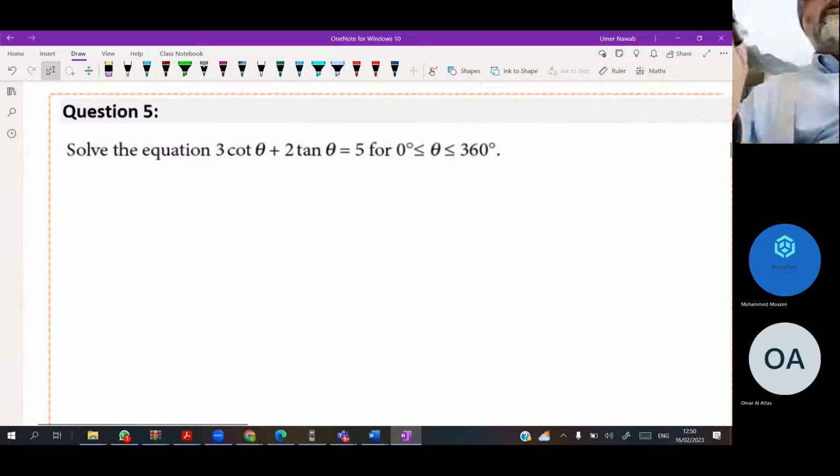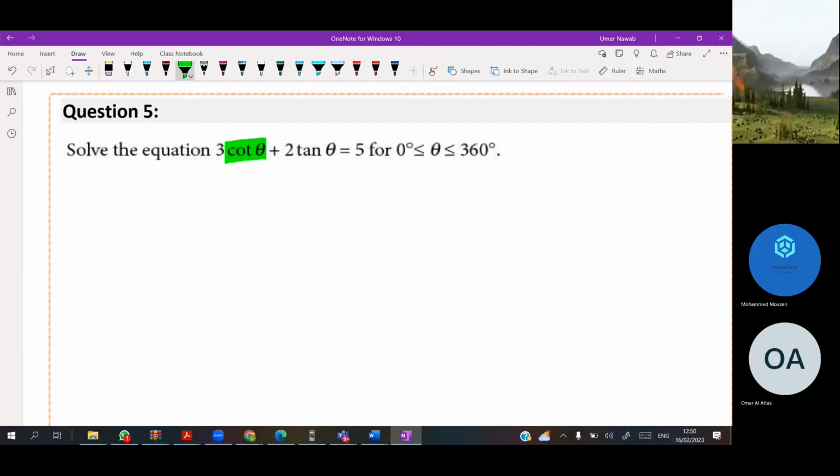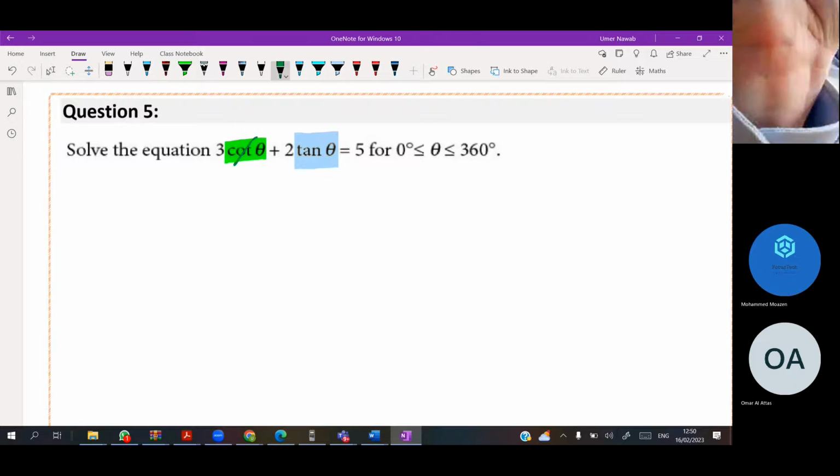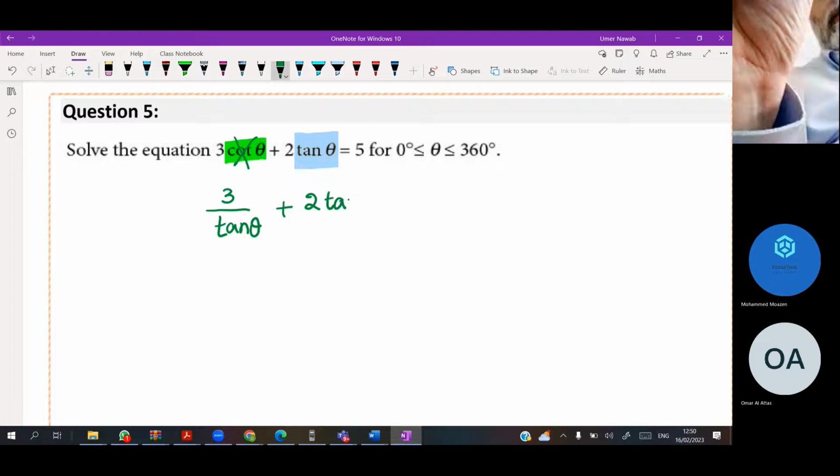Shukran. Okay. Now we have here cot, and here we have tan. I think the best way is to change cot to tan. So I'm going to write 3/tan plus 2 tan is equal to 5.